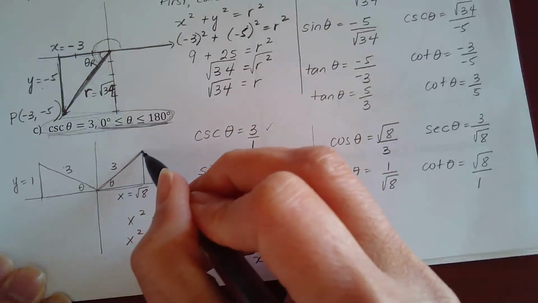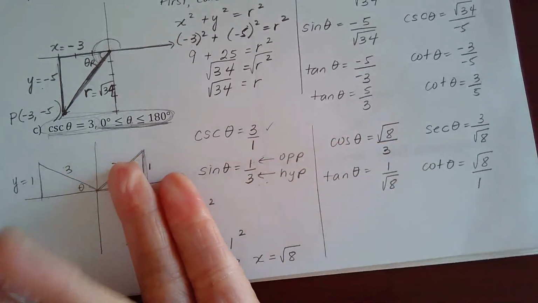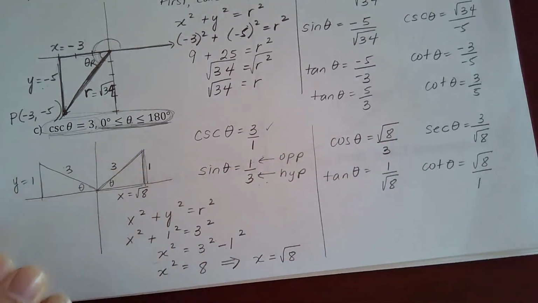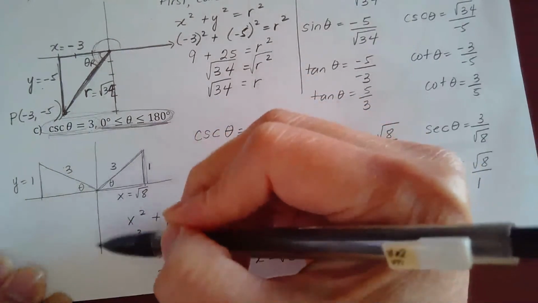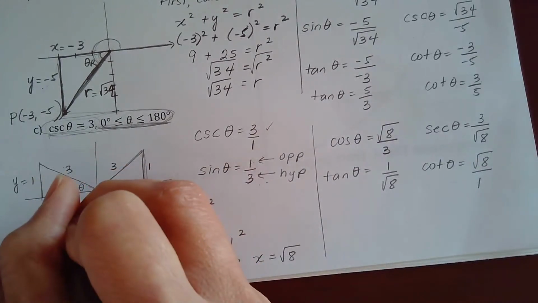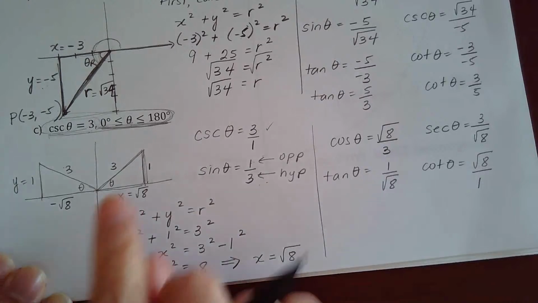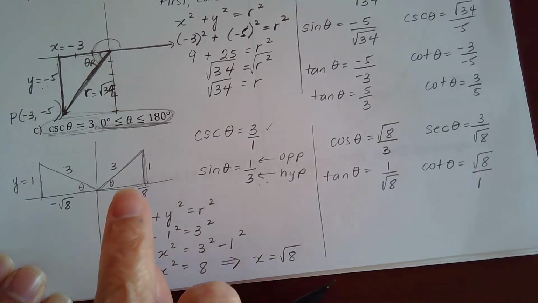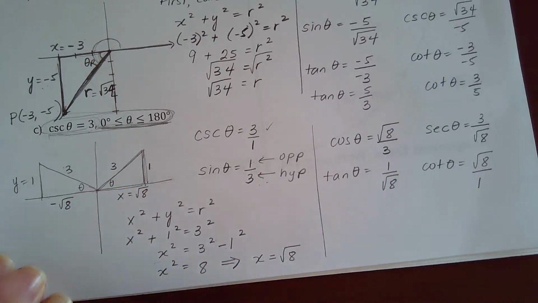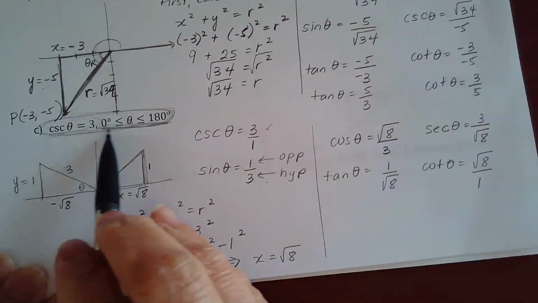These two triangles are just a reflection of each other onto the opposite quadrant over the y-axis. So in this particular case, this is negative root of 8. So we actually have two sets of angles that are defined by this particular statement.